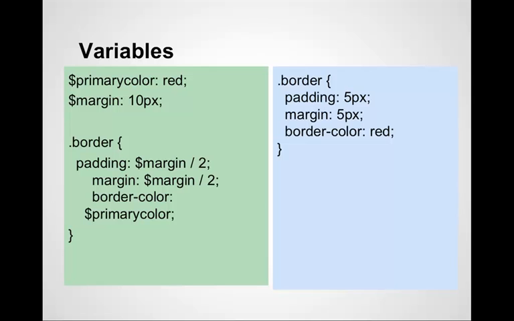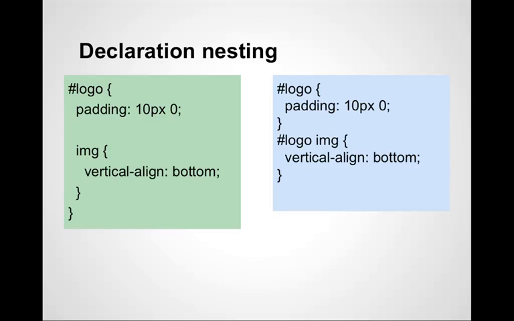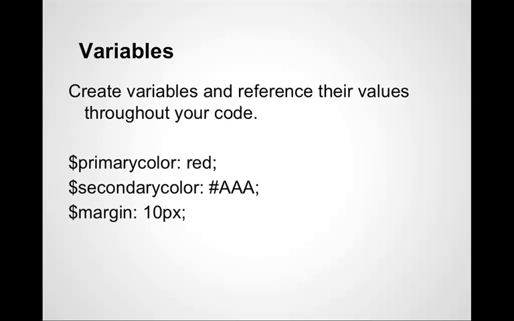Are there any questions so far about variables or nesting? So can you talk about the scope of those variables? They're scoped so that if you've referenced it in one sheet, it's available to the whole sheet.